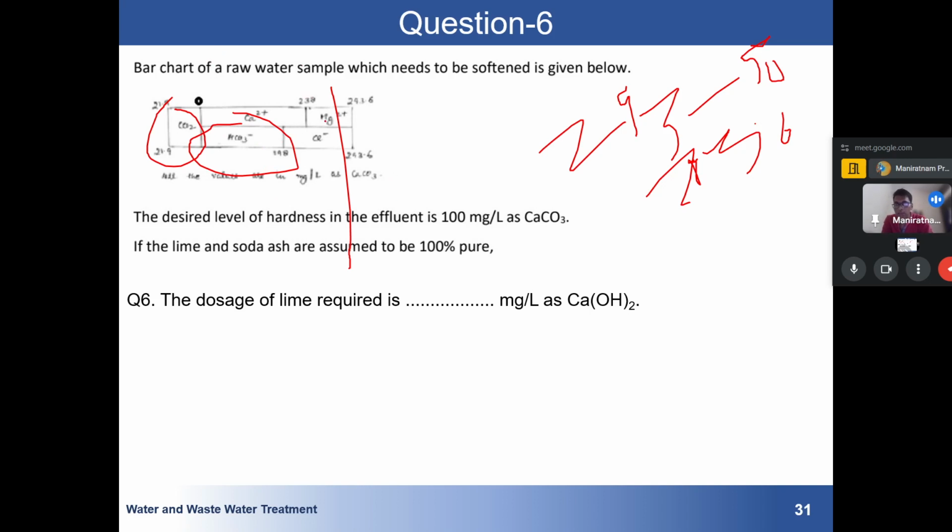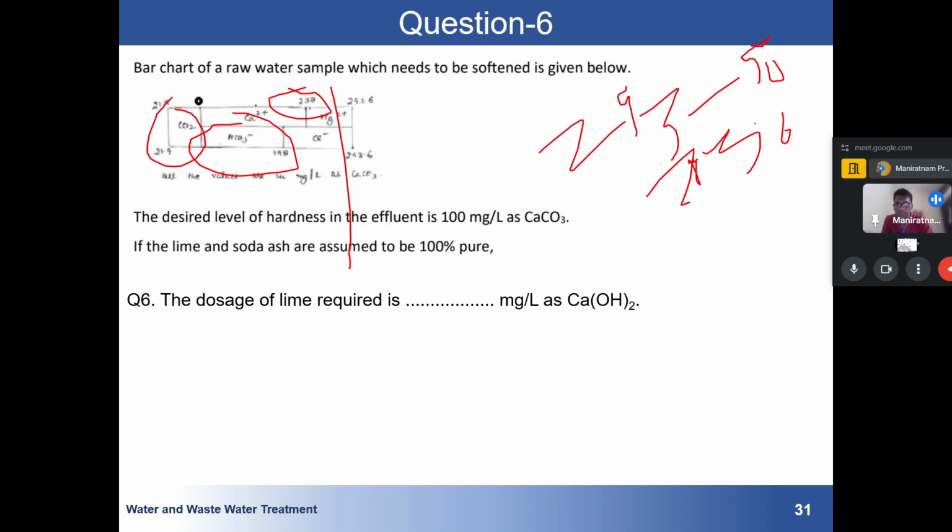And how much total calcium is there? 238 is due to calcium. So what you can do is 238 minus 198, that is 40, and what was remaining was around 43.